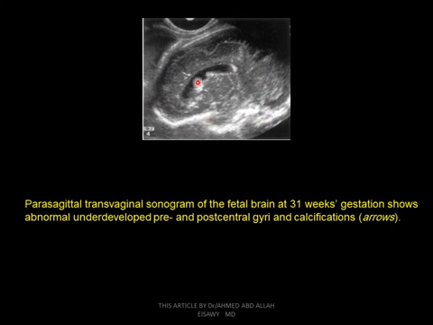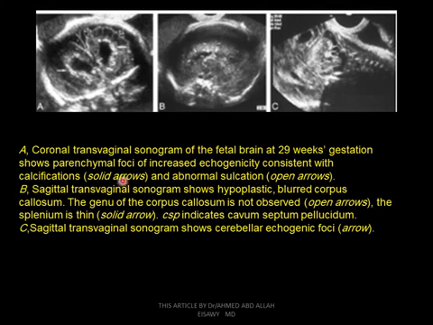This transvaginal sonogram at 29 weeks gestation shows parenchymal foci of increased echogenicity consistent with calcifications, and abnormal sulcation with this open arrow.